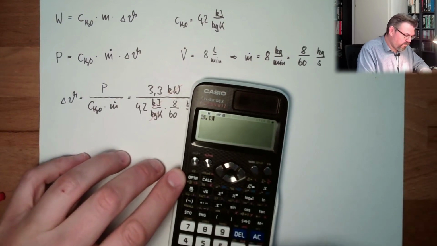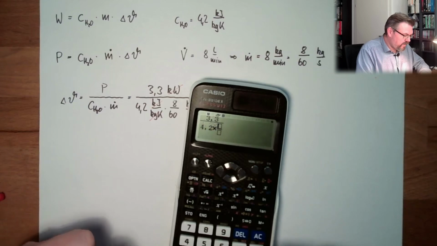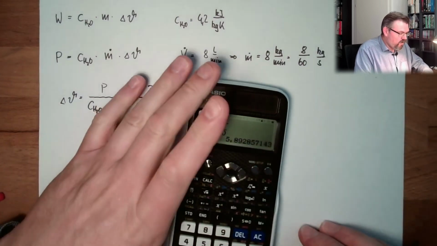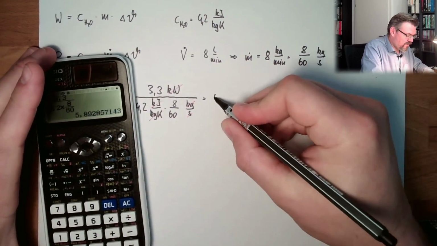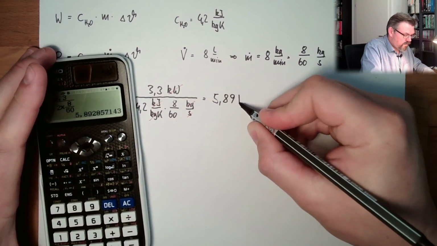We have 3.3 divided by 4.2 multiplied by 8 divided by 60, and we have 4.89 Kelvin.